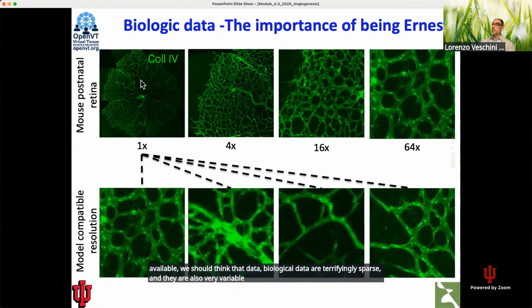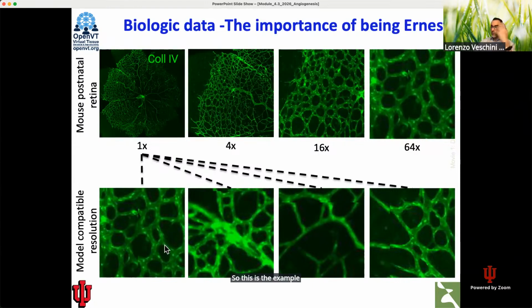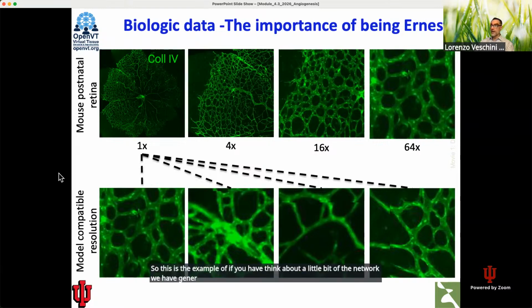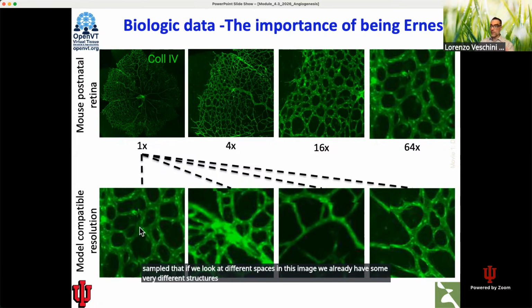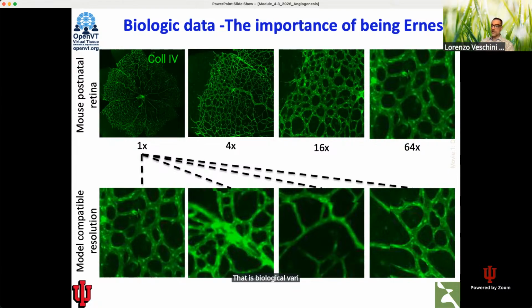So this is the example, if you think a little bit about the network we have generated today. And this is an experiment from one single sample, where if we look at different spaces in this image, we already observe very different structures. So when we model, we have to think about, okay, there is biological variability, and there is simulation variability, and experimental variability.